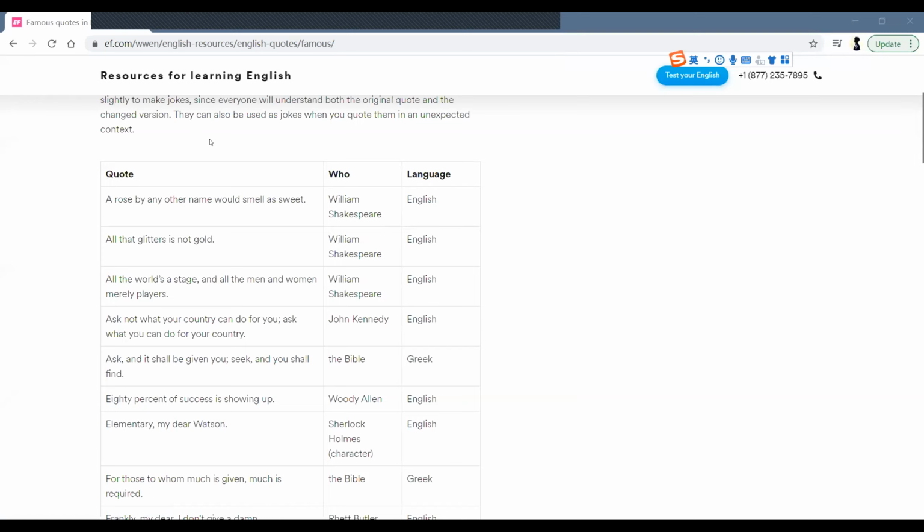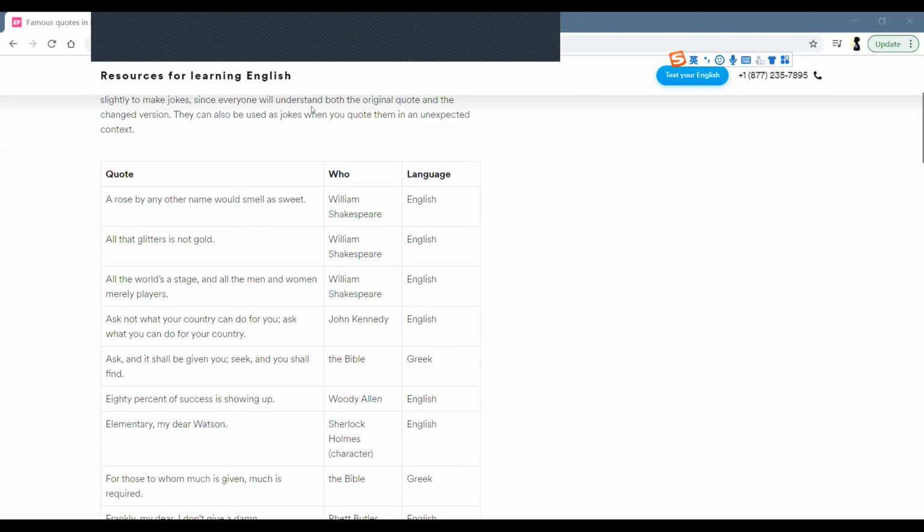The first sentence is, a rose by any other name will smell as sweet, which means that not only a rose will smell sweet, it may not appear in the form of a rose. So some good thing may not come in a fixed form. It may come in different forms, but all of them will be good.